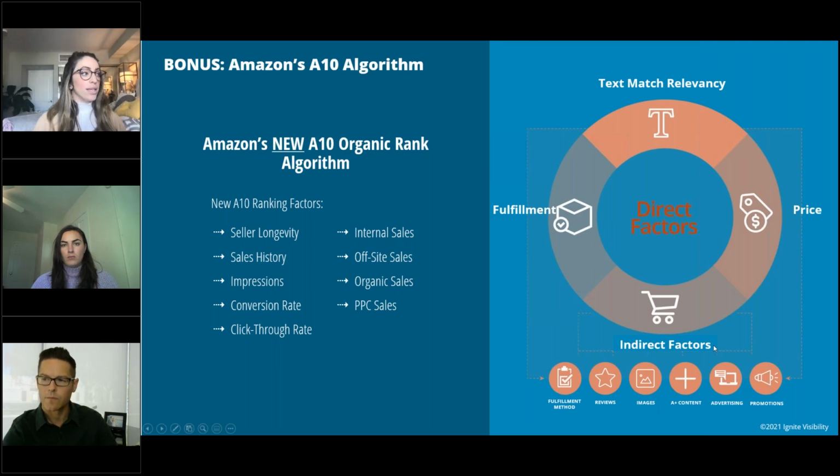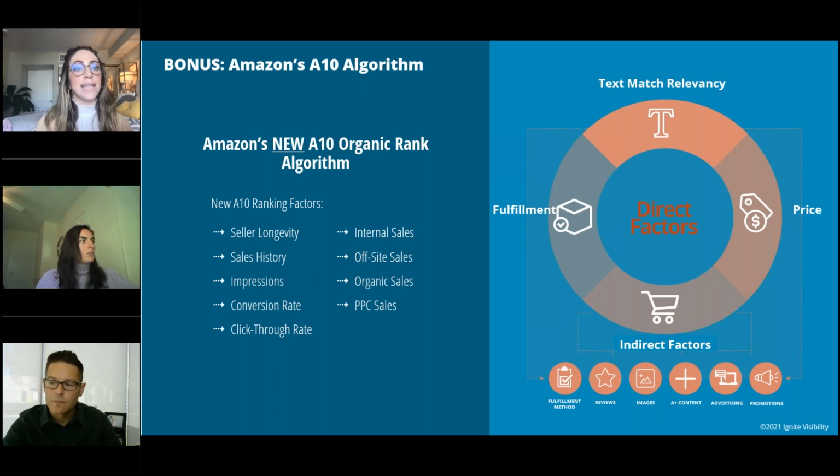One of the big ones is your seller longevity as well as your sales history. What's interesting is that if you've only been on Amazon for a certain amount of time, obviously that's out of your control. But there are different things you can control to make sure you're seen as a strong and healthy seller on Amazon.